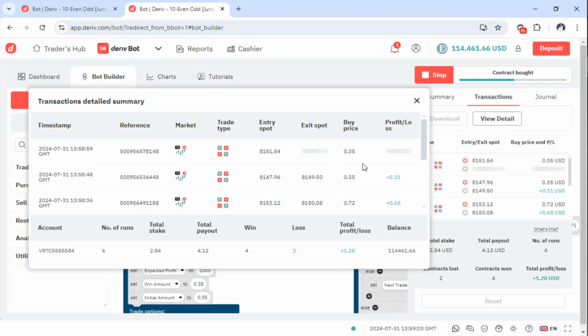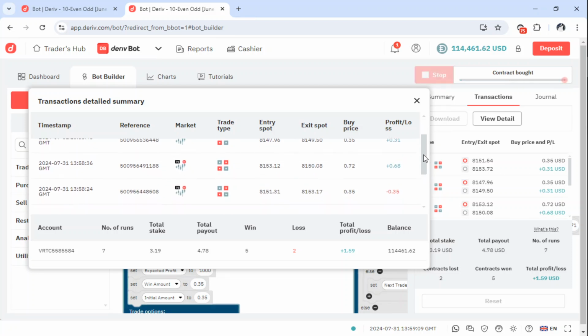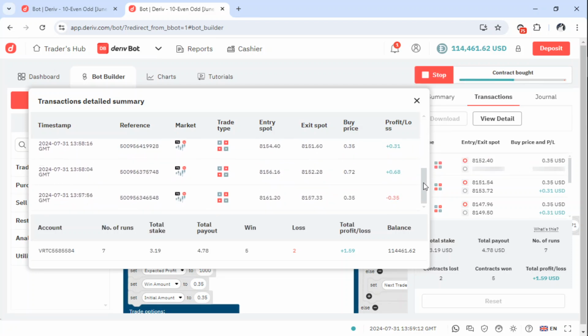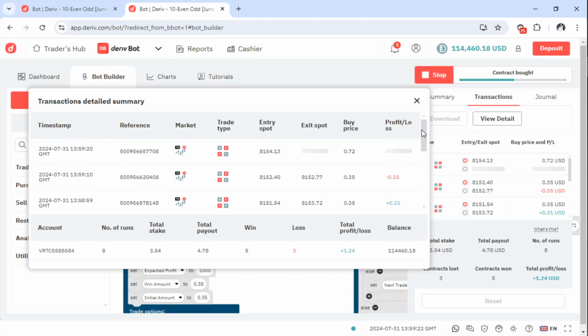And then what else do you need to know here? So far, 2 losses, 5 wins. We are in profit, so that is a loss. So let's see if it's going to recover it. Then we are going to see how many can we lose in a row, so that it can prepare you for the amount of money you need to have as your balance, so that you are not wiped out.